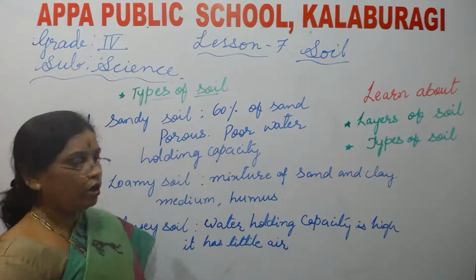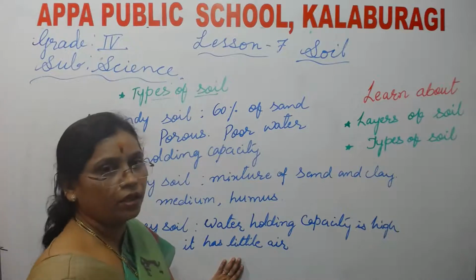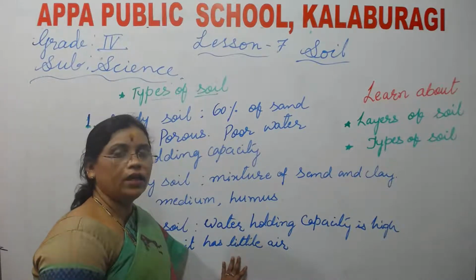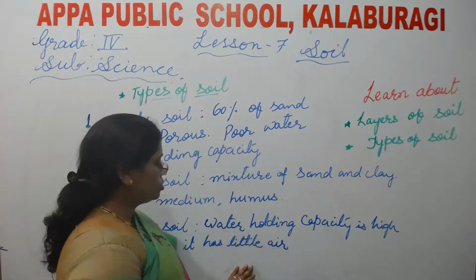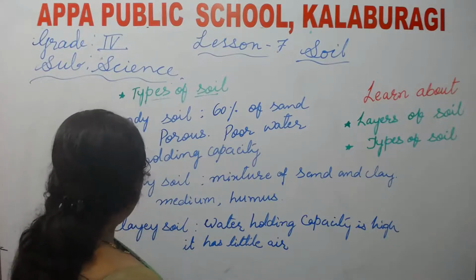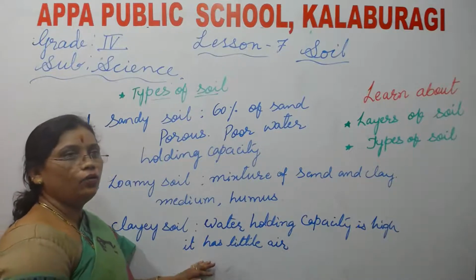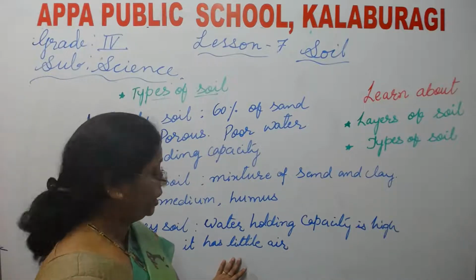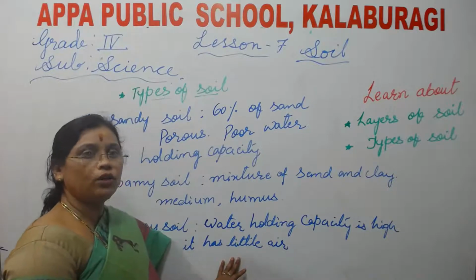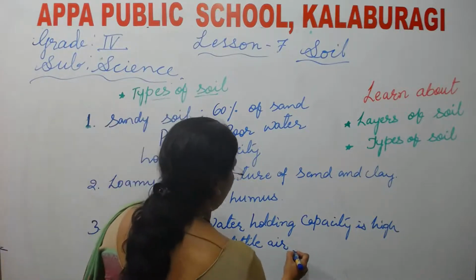As it has little amount of air, the roots cannot get the air, and they also do not get the space to grow. The plants which grow in the clay soil are like gram and rice. Rice is grown in clay soil.